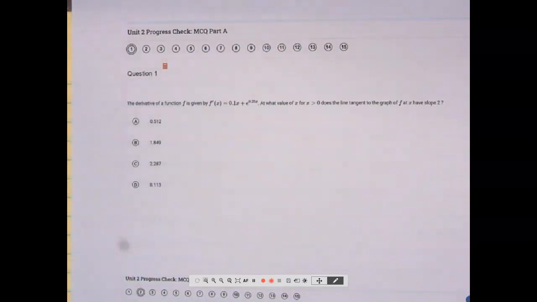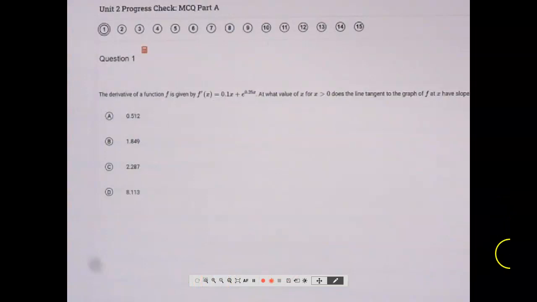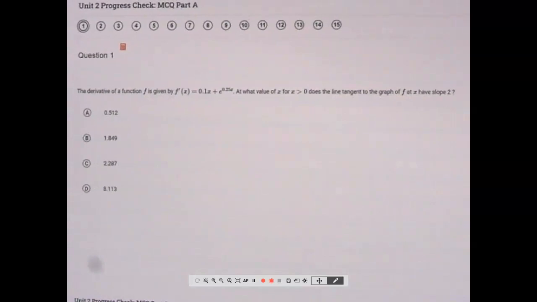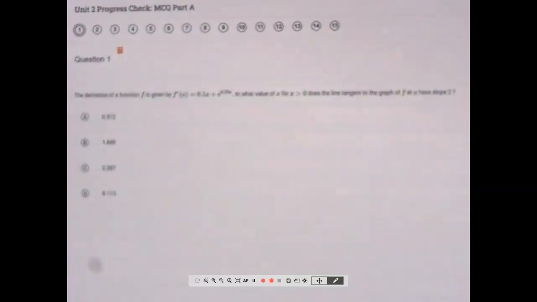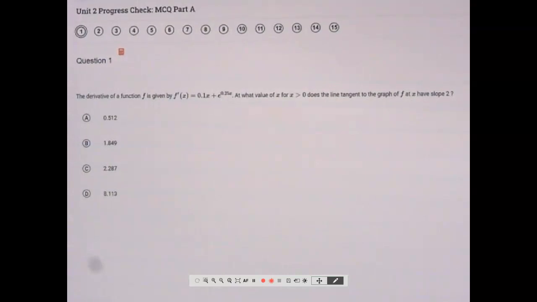Okay, now does this match your screen? Okay, so notice that this has a little calculator by it. If you do take the AP exam, which we'll have to make that decision in a couple weeks, the calculator section and the non-calculator section are totally different parts of the test. It won't alternate back and forth between problems like this.